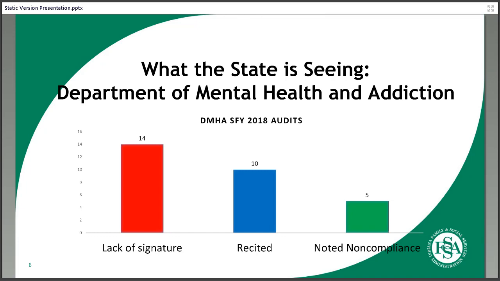In these audits, there were an additional 5 CMHCs that had at least one chart out of compliance. It wasn't enough to be cited, but it was noted. Overall, 63% of the charts reviewed had adequate signatures, but 37% did not.